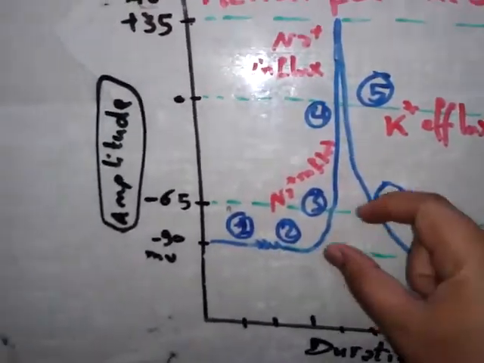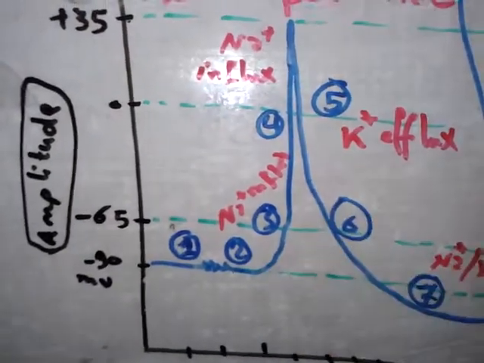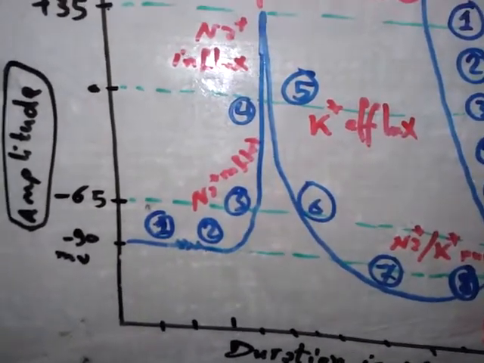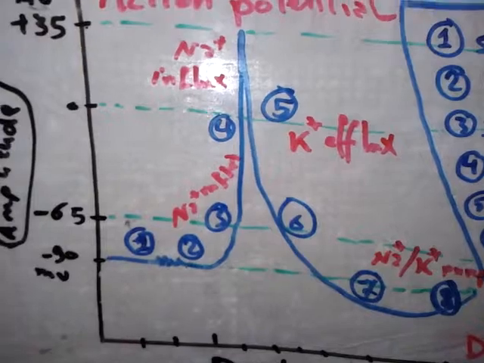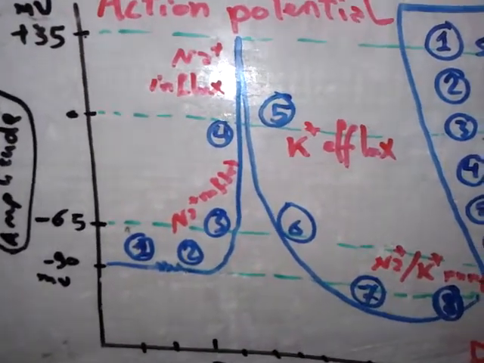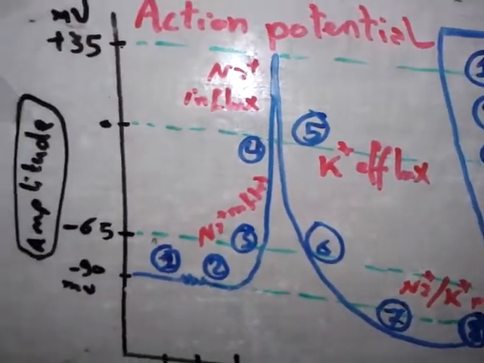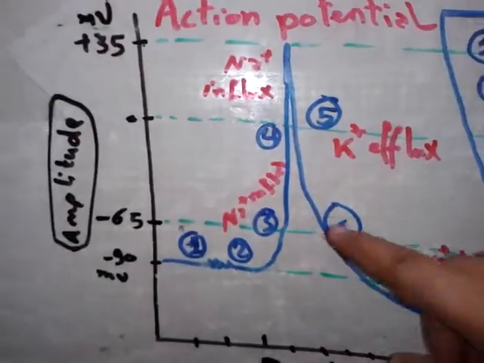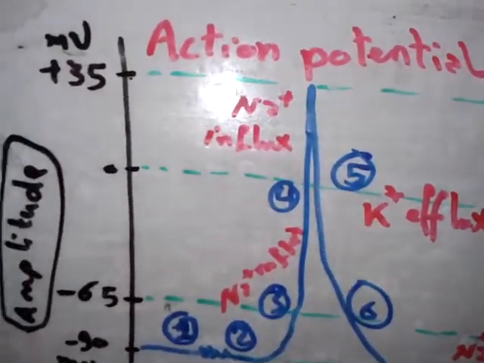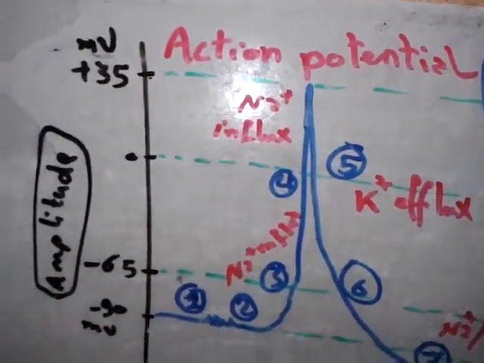So the gradual increase in depolarization is due to opening of sodium channels in a positive feedback fashion and sodium influx. Then rapid depolarization is caused by sodium influx.